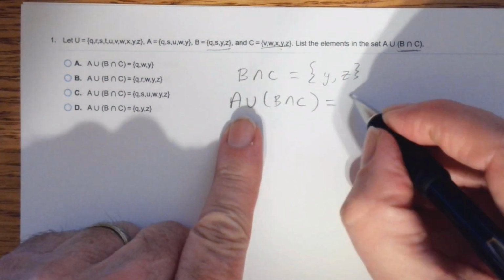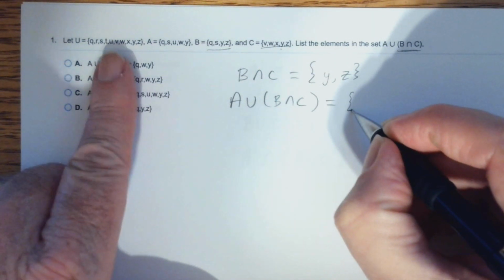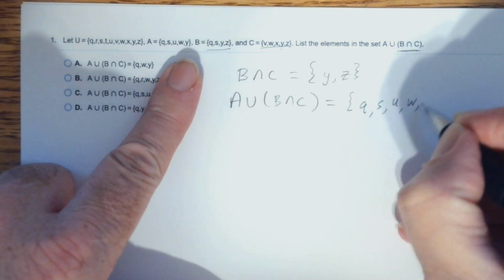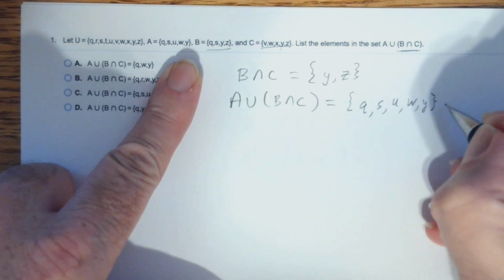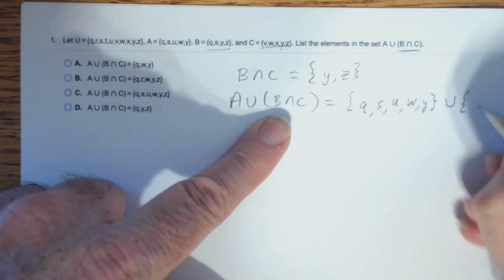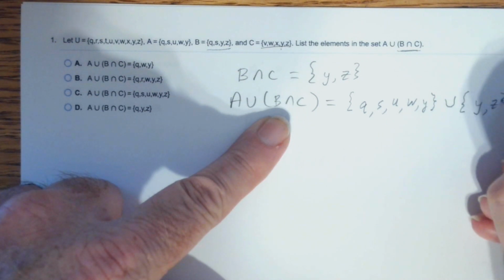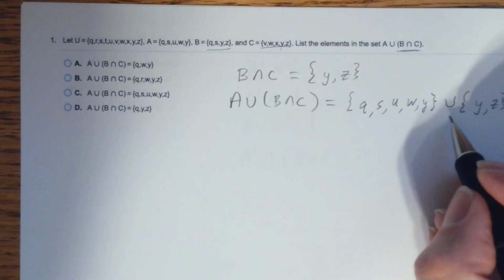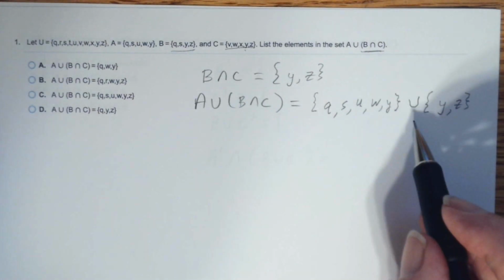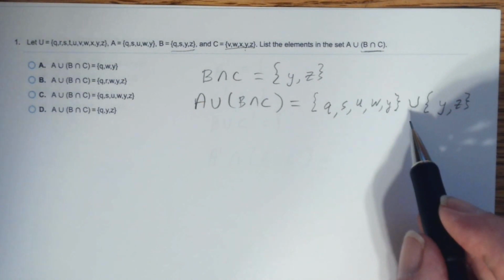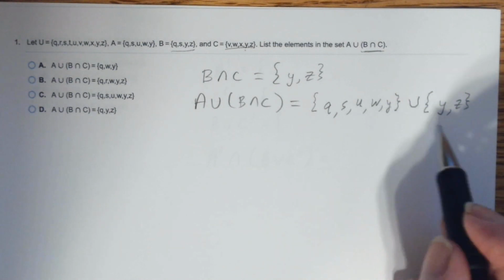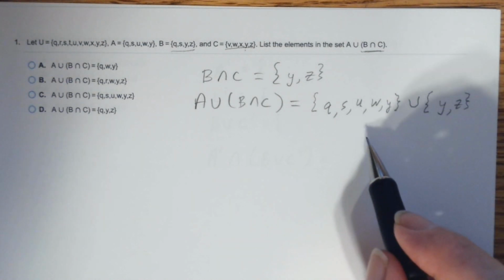So now A is Q, S, U, W, and Y. And we're going to union that with B intersect C, which has Y and Z in it. Now, with union, the union of two sets includes elements in the first set, or the second set, or both.